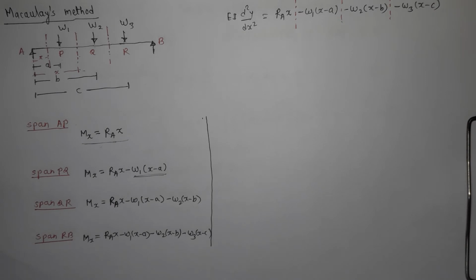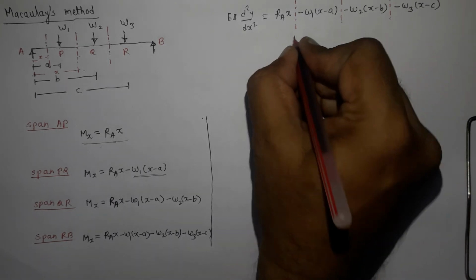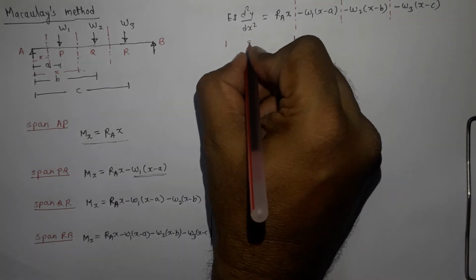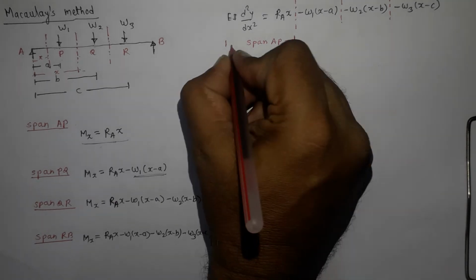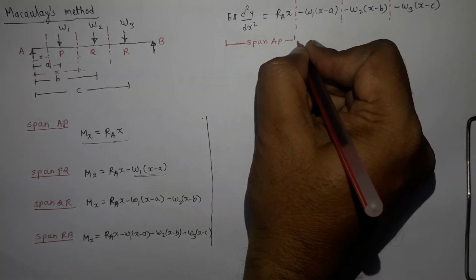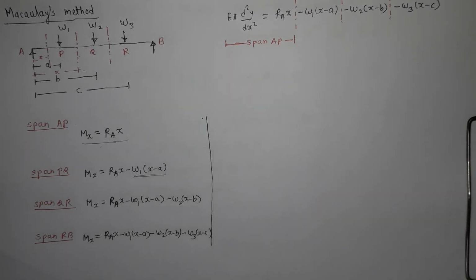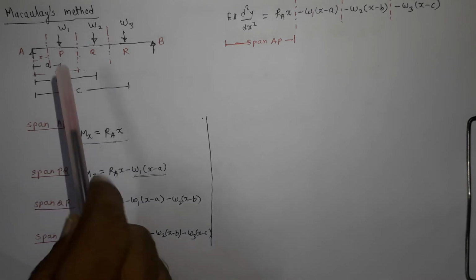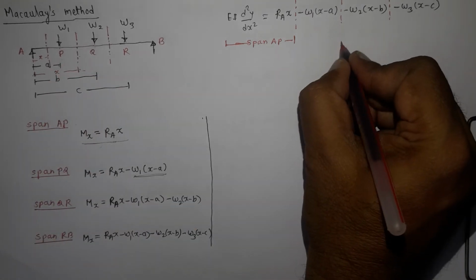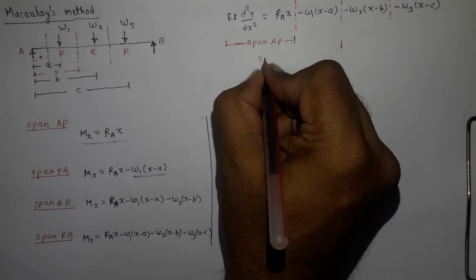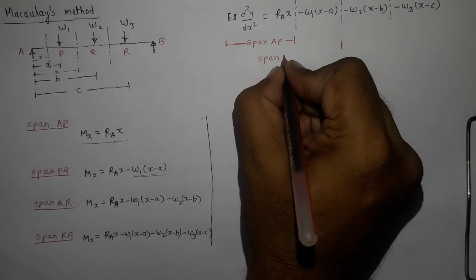Now, when you want to work with the span AP, you will have to consider the equation up to here. So this entire equation till the first partition you will have to consider for span AP. When you want to work with the span PQ, you will have to consider the equation up to second partition.